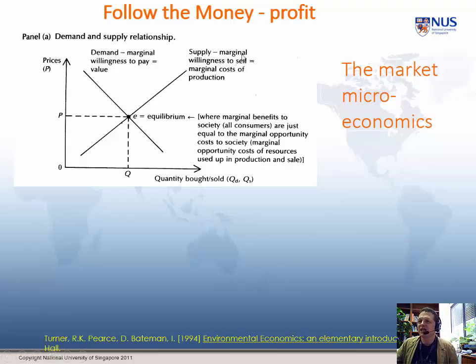I should explain this word marginal. The marginal cost is the cost of the next unit. So if you're making cookies, let's go back to cookies. If you're making cookies, and let's imagine if you make 1,000 cookies, it's all the same price.